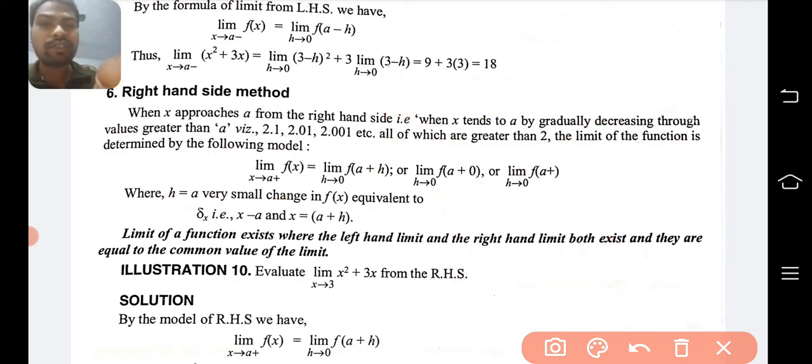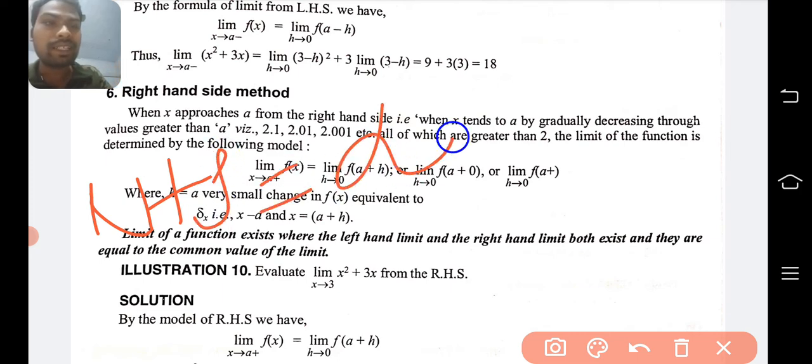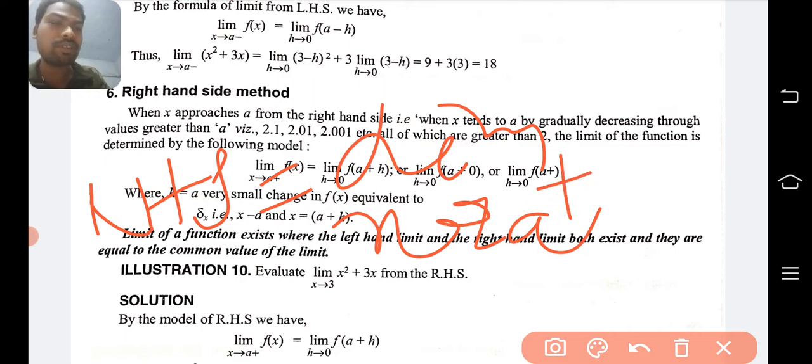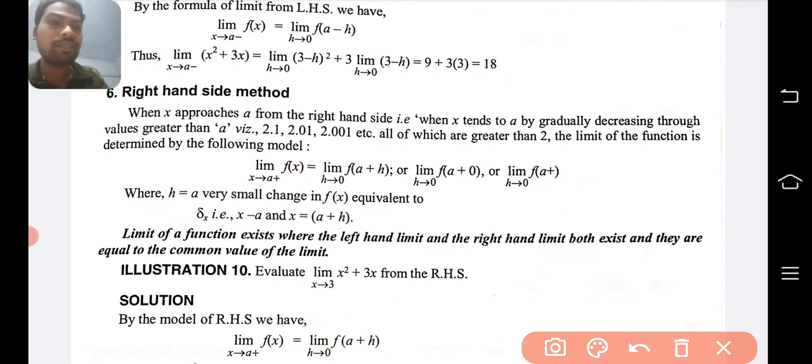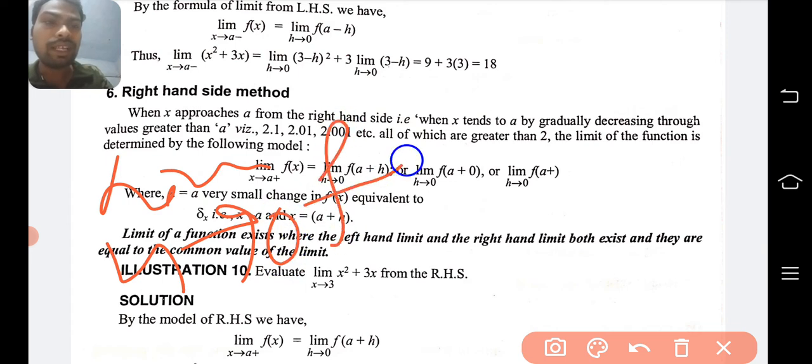In the case of the right hand side limit, we take limit x tends to a plus, and where the x term is there, you write a plus h. Clear? And you will calculate the limit h tends to 0 of f of a plus h.